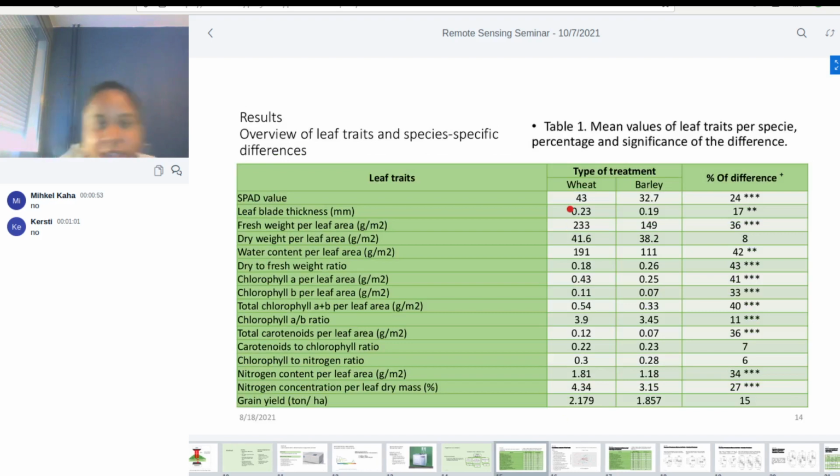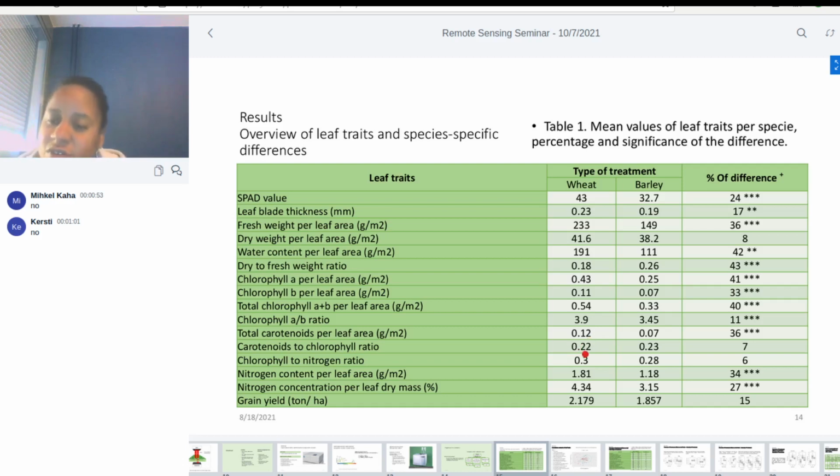So for our results, first, we have an overview of leaf traits and species-specific differences. We can see that wheat, for most of the leaf traits, had a higher mean value than barley. This was not true only for the case of the carotenoids to chlorophyll ratio.